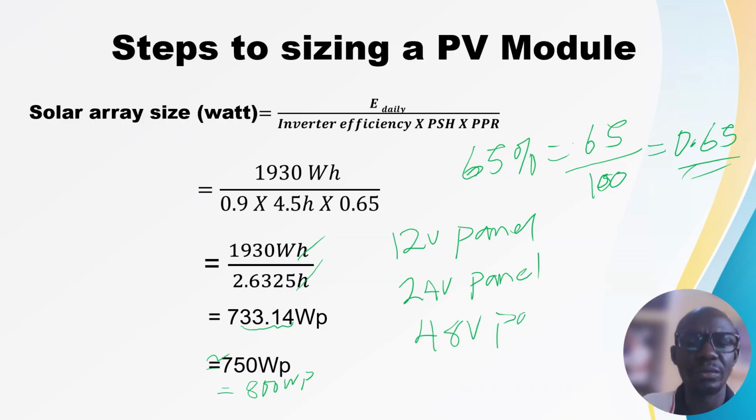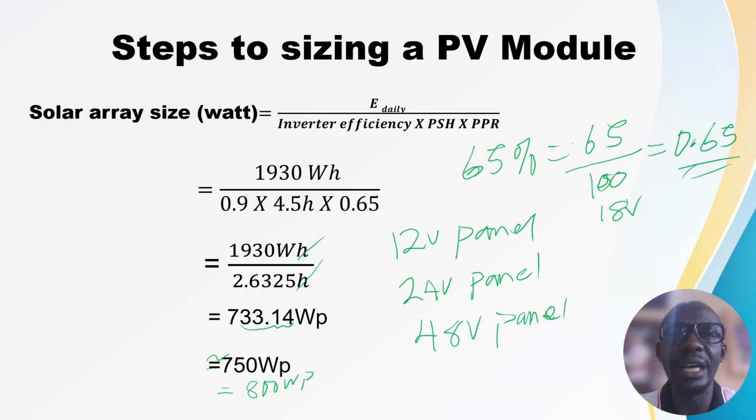So a 12-volt panel, usually, if you have like 18 volts, it can charge your system. Are you getting it? With a 12-volt panel, usually you will see their VOC. By the time we go ahead, you will understand what I mean by VOC, VMP, IMP.